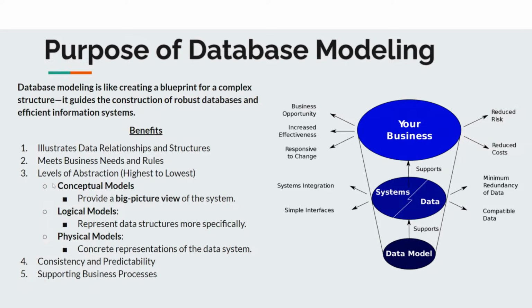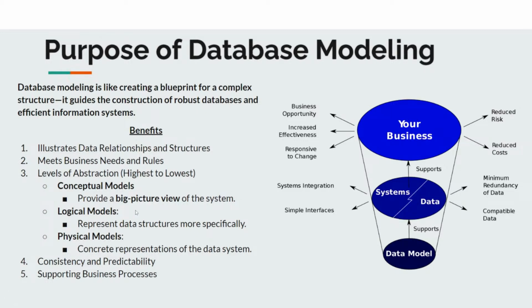It also helps with the levels of abstraction. You usually go from the highest level down to the lowest level. You can draw a high level conceptual model that provides a big picture view of the system.